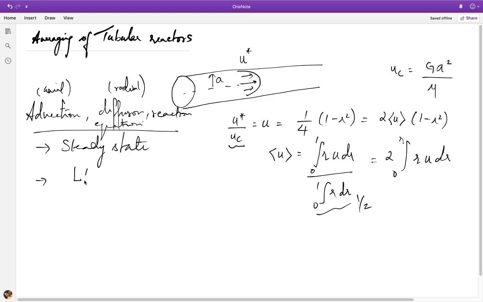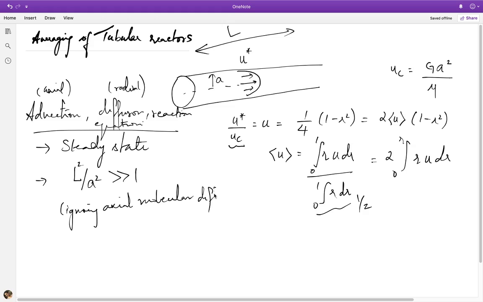and that the length of the channel over the radius of the channel is large. So this is the radius, as I said, and this is going to be the length of my reactor. So we have a long, narrow reactor, as is typical in many problems. We know already from the previous lecture that under this limit we can ignore axial molecular diffusion.